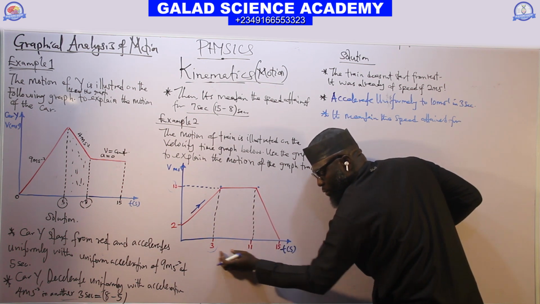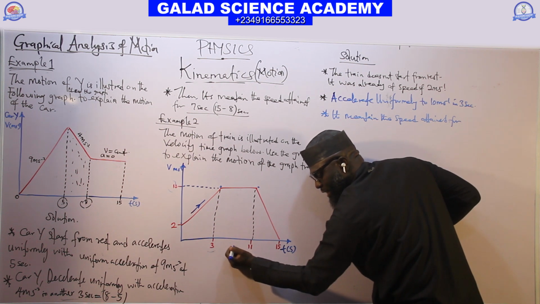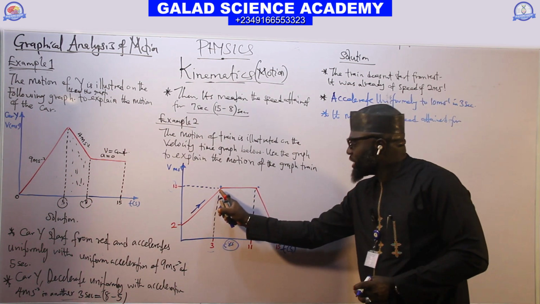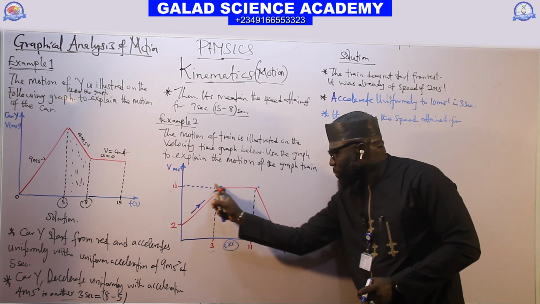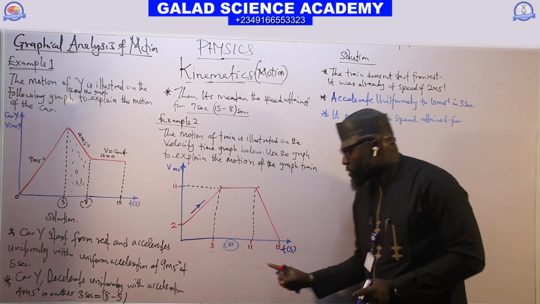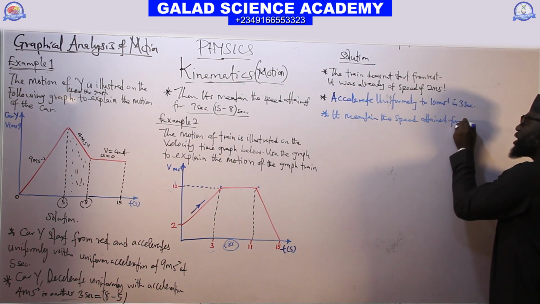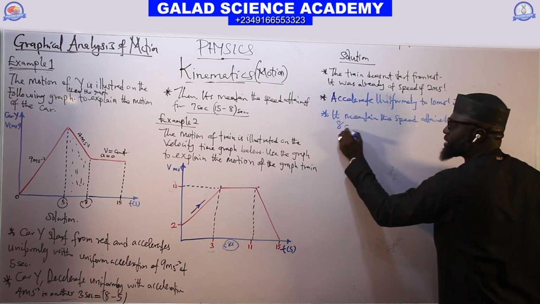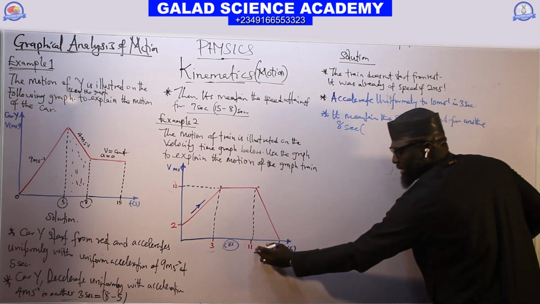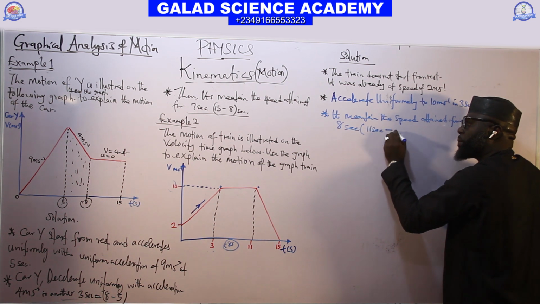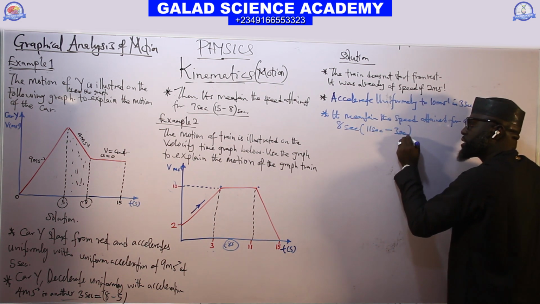Subtract 3 from 11, we have 8. So it will maintain the speed attained, maintain this speed here for another 8 seconds, which is 11 seconds minus 3 seconds.